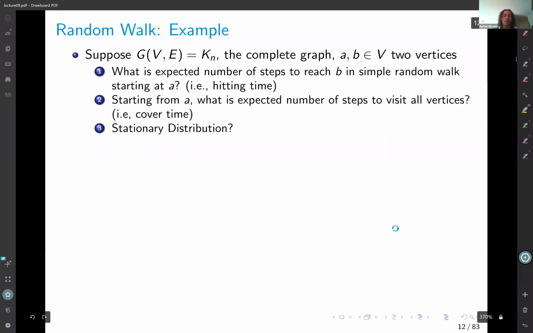And the question here as well is, is there a stationary distribution for the complete graph? The answer is yes. And what is the distribution? The distribution will be the vector 1 over n, 1 over n, 1 over n, like the uniform in this case.